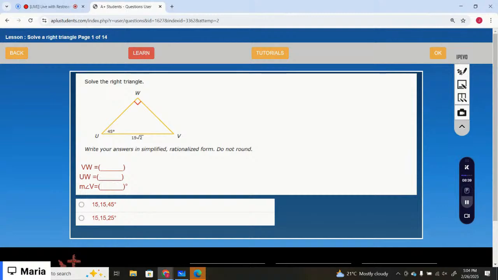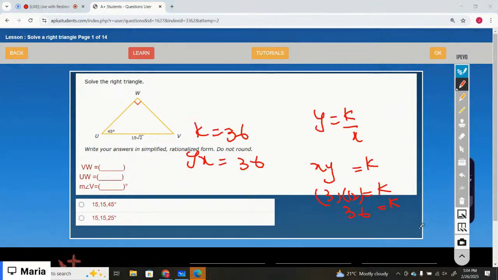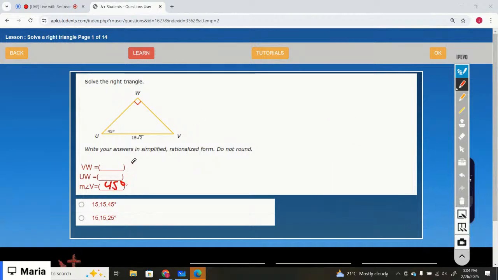Okay, solve the triangle. You need to find all the missing values, right? So one of the angles is 90, another is 45. So the third angle is also 45. Now you need to find VW and UW. So let's start with sine 45, right? Sine 45 equals VW divided by 15 square root 2, right?